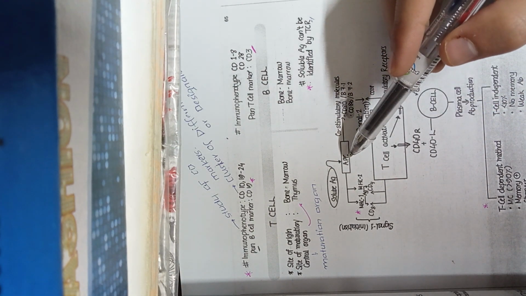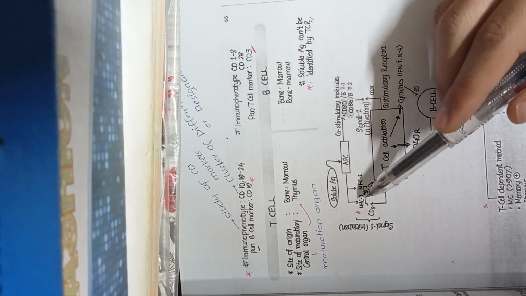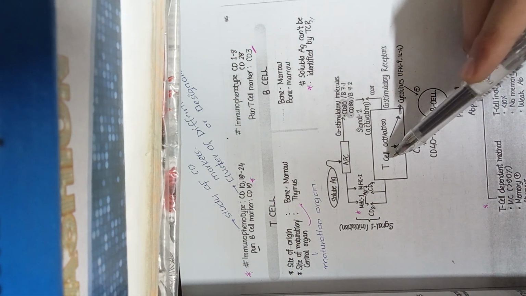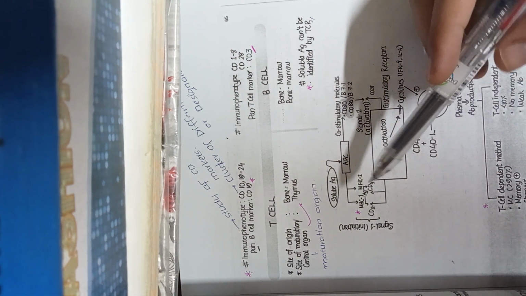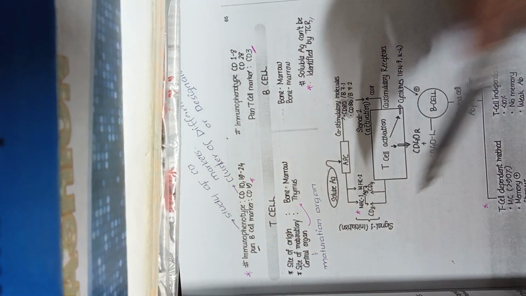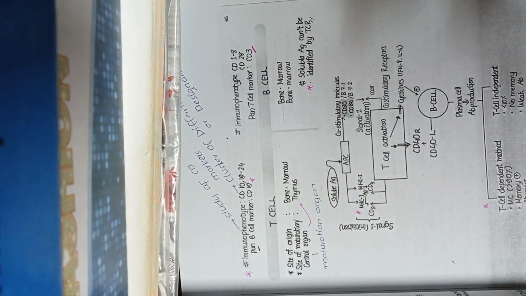So if antigen presenting cell will decide either to express MHC2 or MHC1, it will look towards T cell, whether T cell is CD4 or CD8. So this is called signal number 1. This is the first signal, and this is also called initiation signal. Now let's move forward.